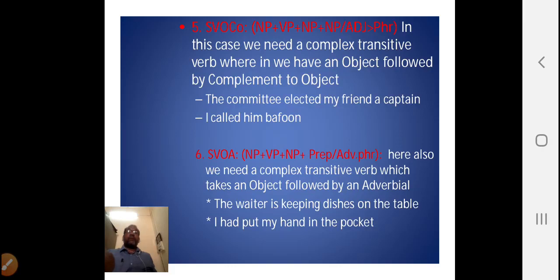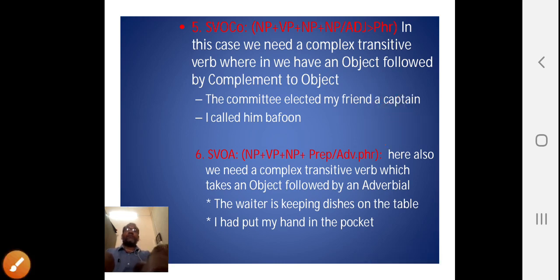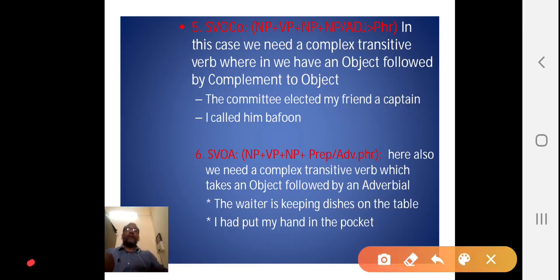In the given sentence, the committee elected my friend a captain. The information my friend and a captain is identical, so that is complement to object, an NP. Here, I called him buffoon. Him is an object and buffoon refers back to him, so that is complement to object.